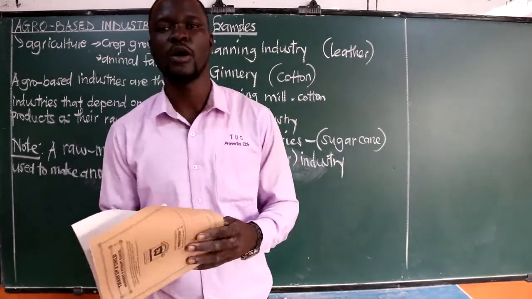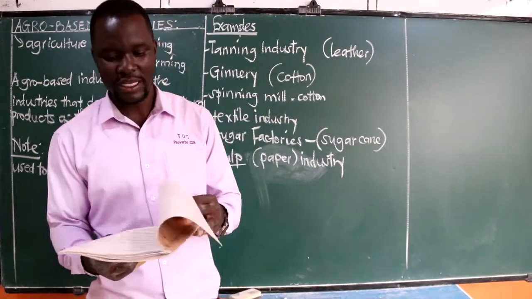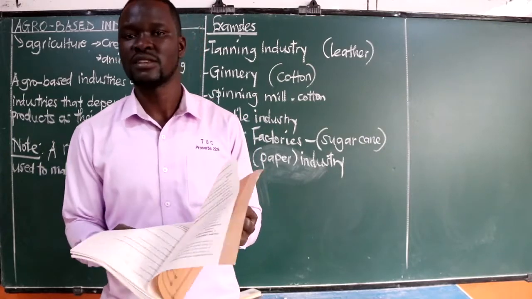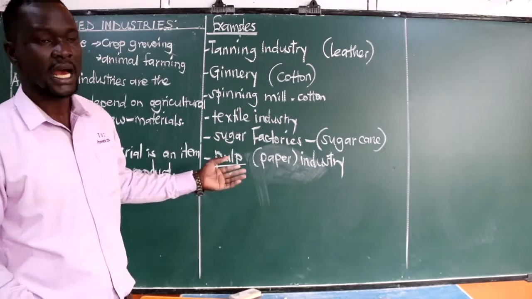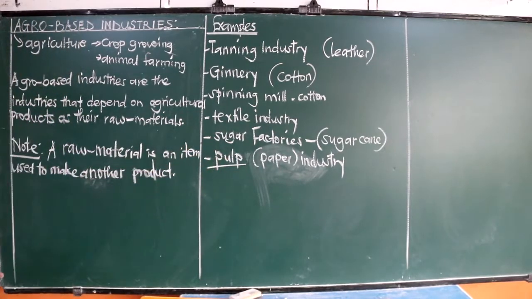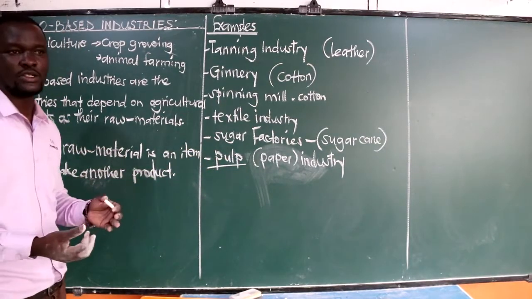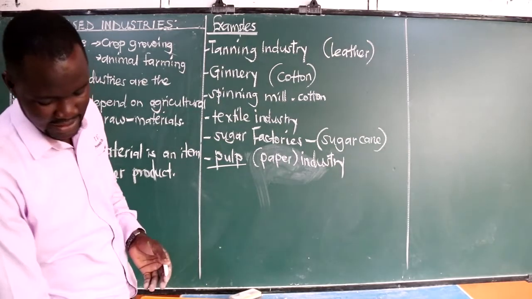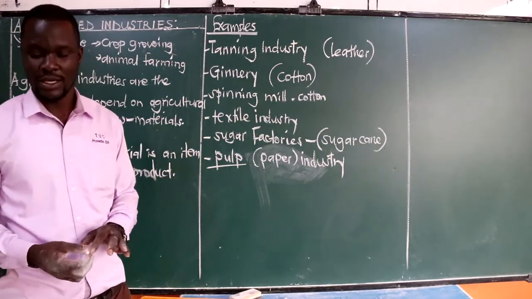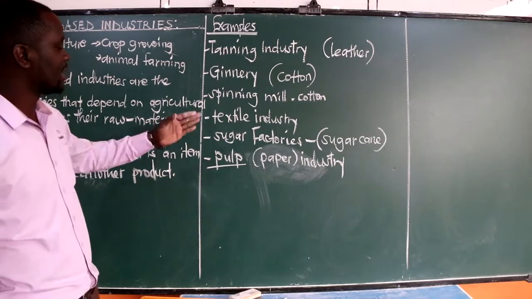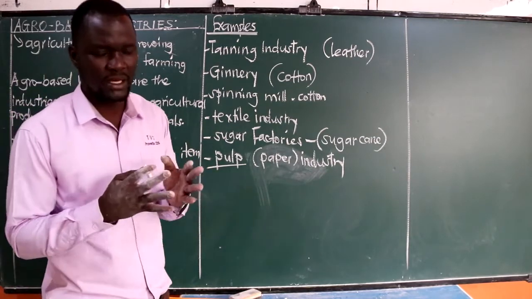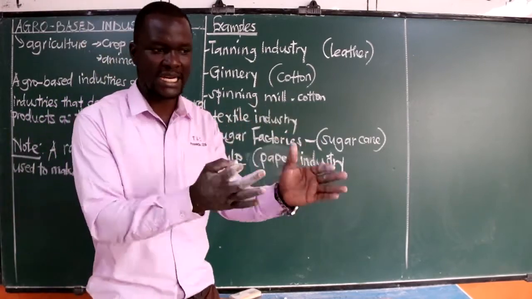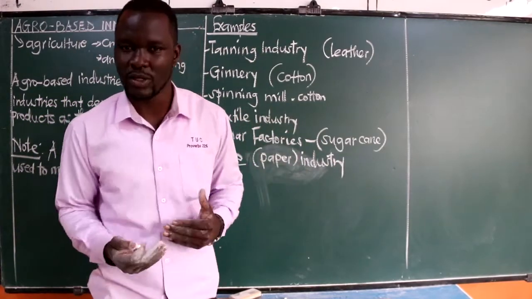For example, in your workbook, these are the papers that are made from softwood, and that softwood is from the garden, from agriculture. For that, it makes us understand what we call agro-based industries: industries that depend on agricultural products as their raw materials.